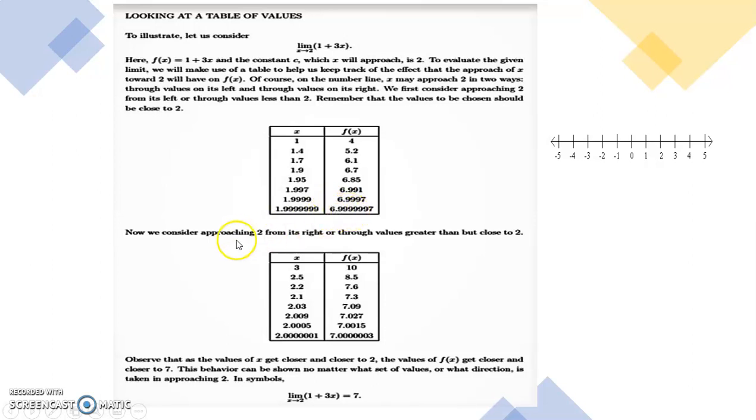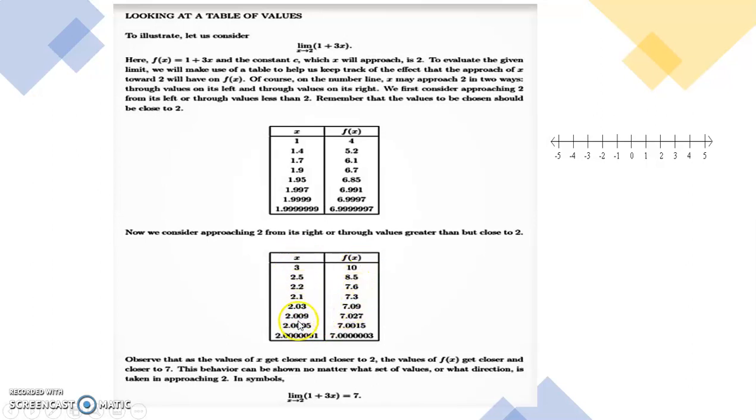After that, we will now consider approaching 2 from its right, or through the values greater than but close to 2. So, if 2 is here, we can assign 3, 2.5, 2.2, and so on up to 2.0001. So, this is very close to 2 but not equal to 2. Using these values, we can determine the values of f of x.